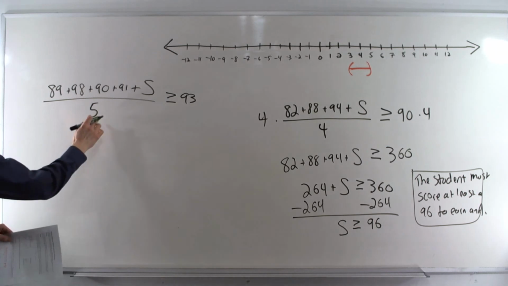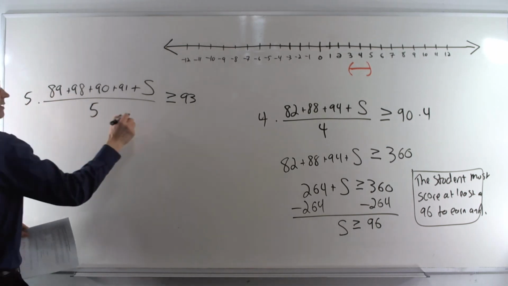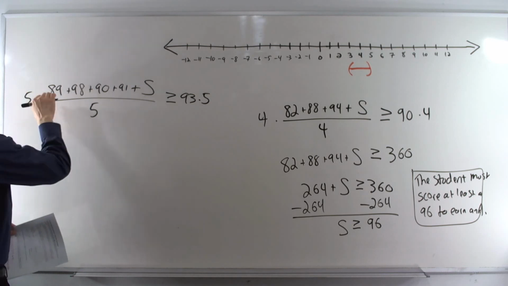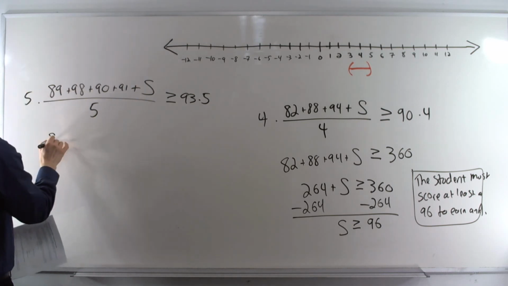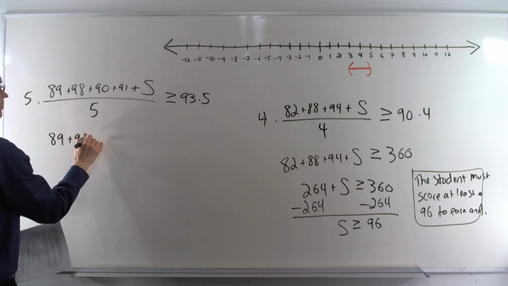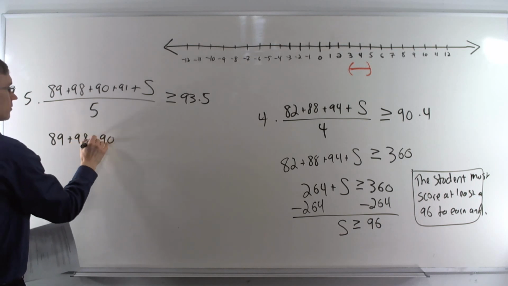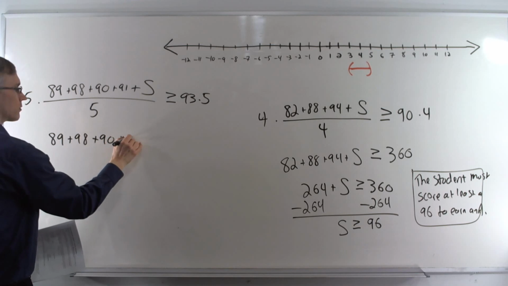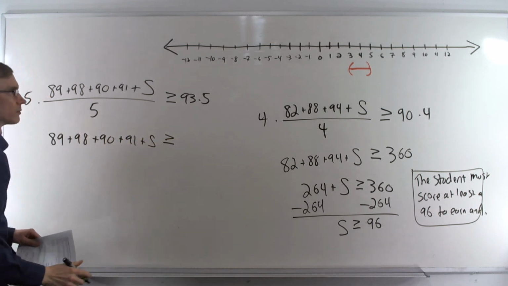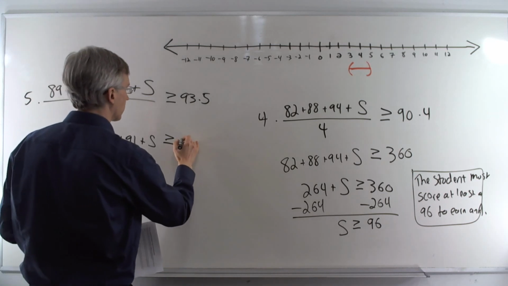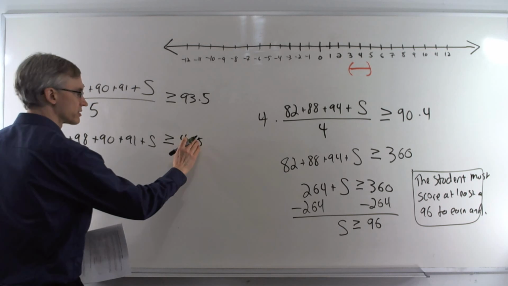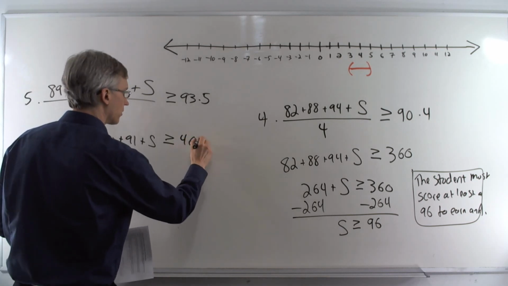Now to solve this, multiply both sides by 5 to get rid of that 5 there. So 5's cancel, we're left with just the numerator. And 93 times 5 gives us 465 on the right.